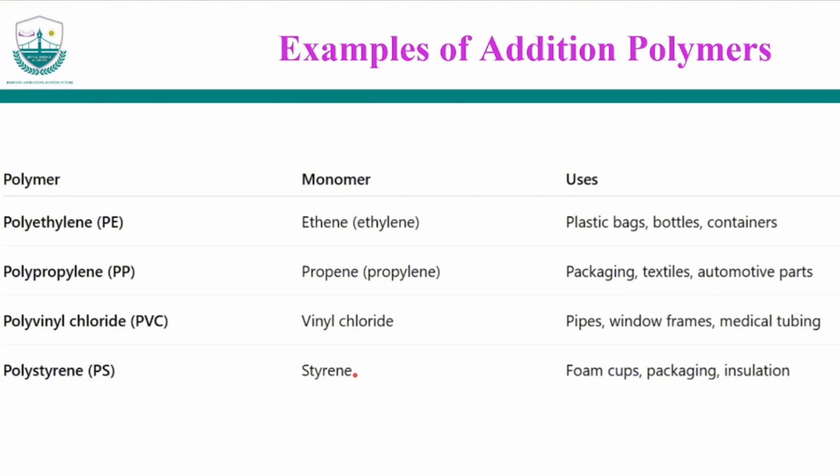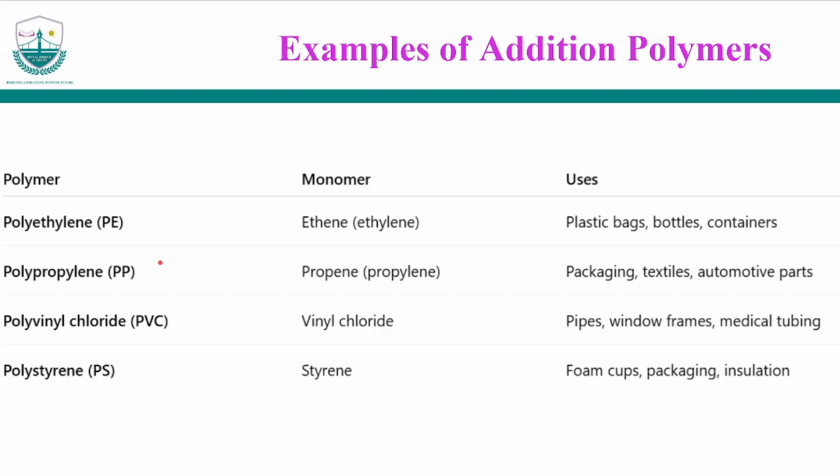Okay, so the examples of addition polymers, the polythene that I've talked about, you can also call it polyethylene. The monomer is ethene. This one is unsaturated. And the polythene can be used for plastic bags, bottles, containers.